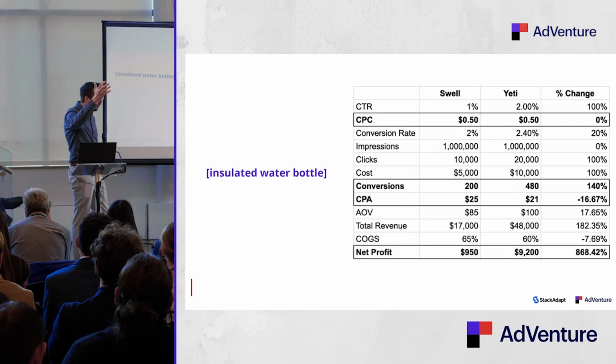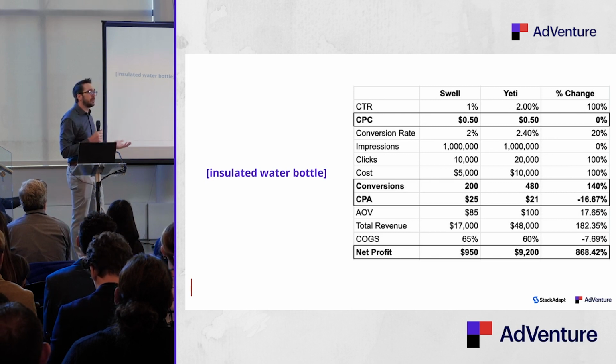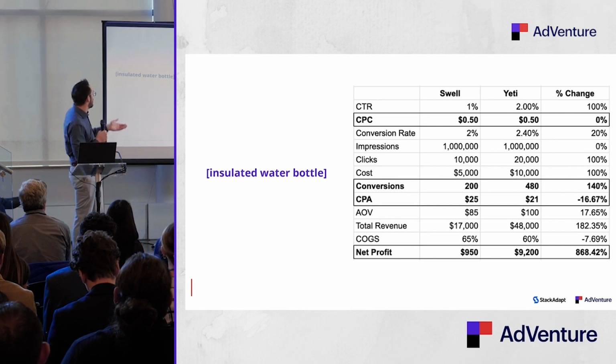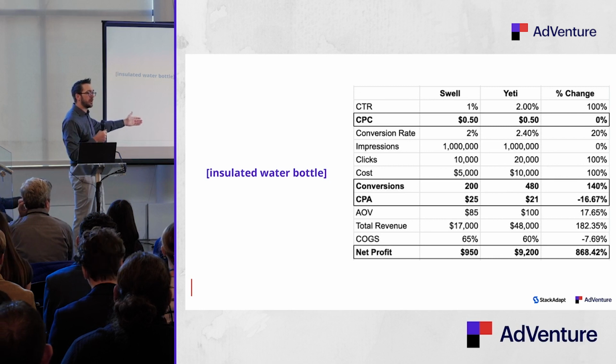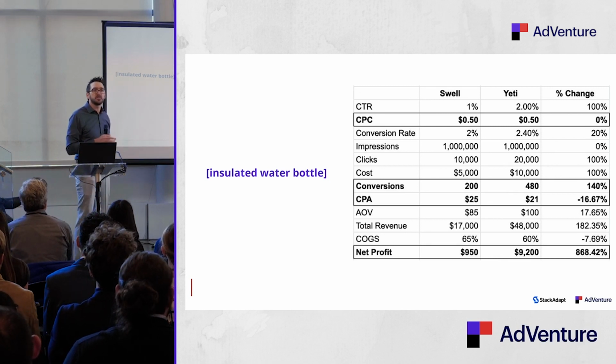But like I was gonna say before I got off track, let's say that Swell is like, okay, that's fine, we don't care. We're on Google search, we're happy with our $5,000 a month budget, we're making some profit, this is great, we have a nice little business running. But that's not what happens, because the reality of how this plays out in an economic environment is Yeti's not just gonna sit there, they're gonna optimize their campaigns.